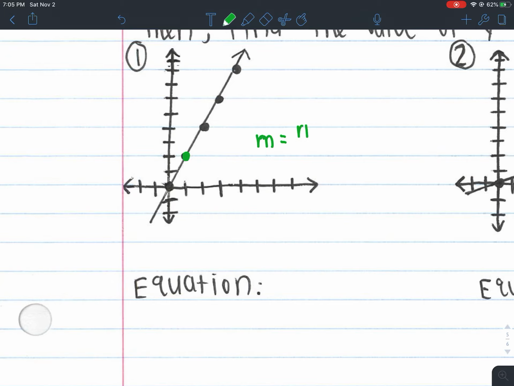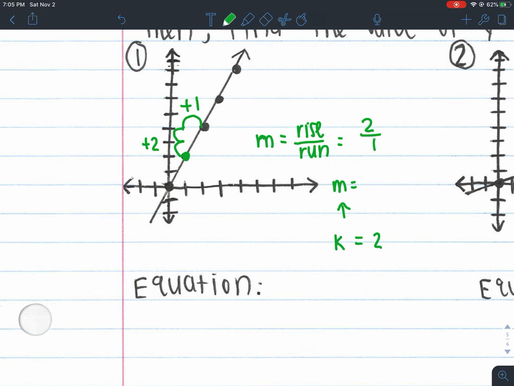To find the slope, remember it's rise over run. So our rise would be positive 2, so up 2. And then I'm going to the right 1, which is going to be positive 1. So it's positive 2 over 1, which means our m is 2 over 1. But remember, it acts like our k value. So k is going to equal 2.